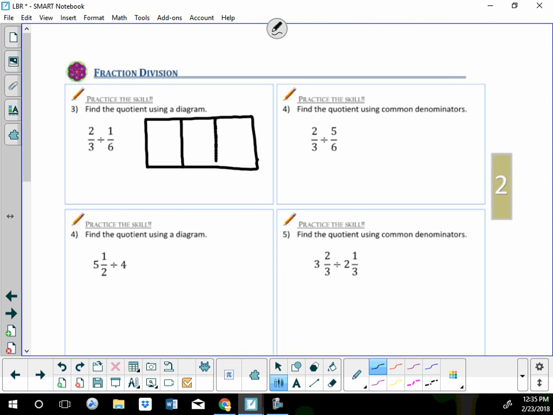I notice you guys are doing this with me. Thank you so much. And I want to split this up into pieces that are the size of 1/6. So in order to do that, I know that I can split up each of my thirds in half.